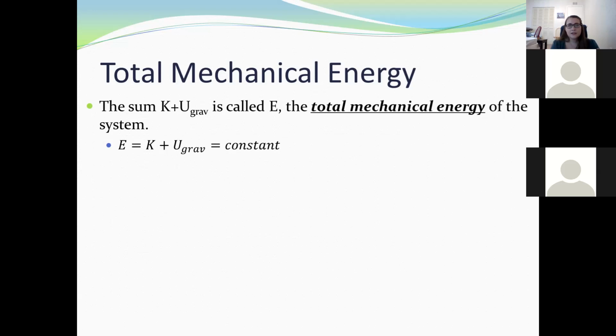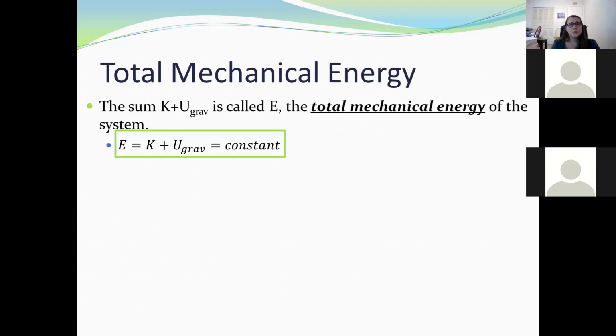We had just talked about in example 1, I think, yeah, that as it loses its potential energy, it's gaining kinetic energy. So that number is going to be a constant, and that's really, really helpful for us.